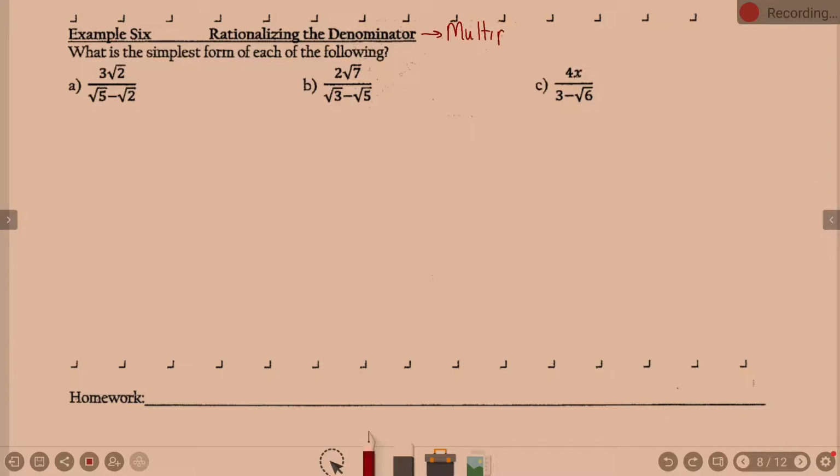So that is going to be our trick here, to multiply by the conjugate. Now, when I say multiply by the conjugate, I should put in there, it's the conjugate of the denominator.